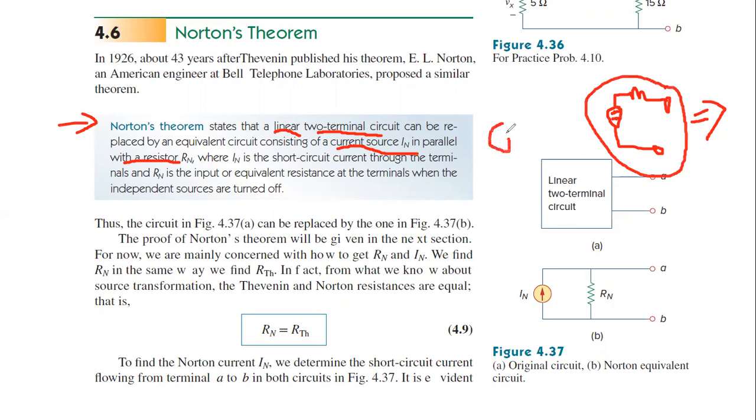If my voltage source is like this, plus minus, and my resistor is short circuited, you can't convert this type of voltage source for your required source transformations. So the source transformation is valid when a voltage source is in series with a resistance, or a current source is in parallel with a resistance. Then only the source transformation technique is valid.